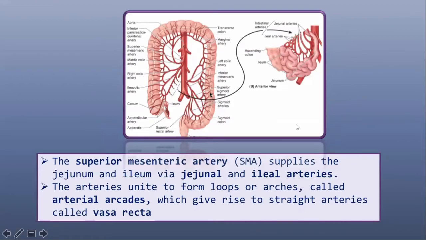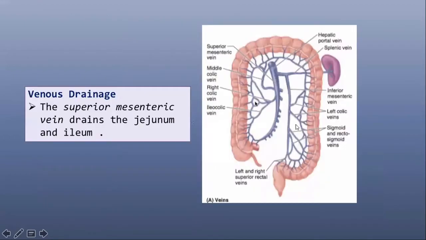Eventually they will give off your straight arteries known as the vasa recta. So your jejunum and ileum are supplied by branches coming from your SMA. Venous drainage follows the artery, and the drainage would go into your superior mesenteric vein.